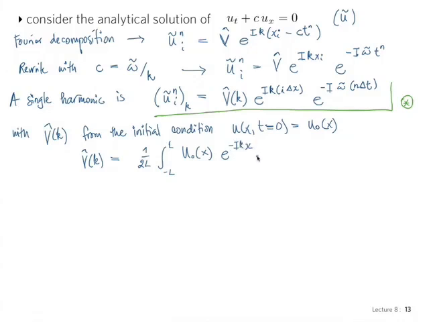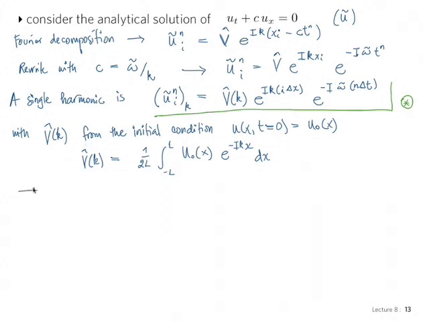So this is our Fourier decomposition of the initial condition, which is used to obtain those amplitudes over here. So we are going to assume that the initial condition is represented exactly on the mesh. Okay, so that for the numerical amplitude, we can continue to use this v hat.